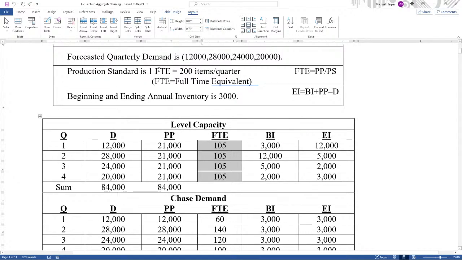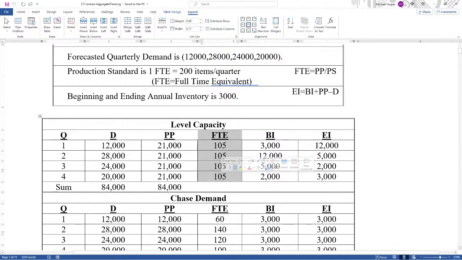One FTE would generate 200 items, two FTEs would generate 400 items, but we need 21,000. So we divide our production plan by 200, and that gives us 105 FTEs. Each FTE produces 200 items every quarter as a standard, which generates the planned 21,000 every quarter.